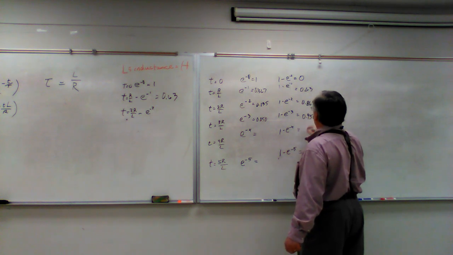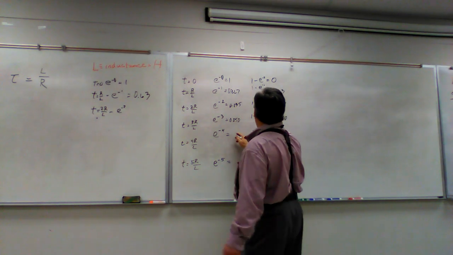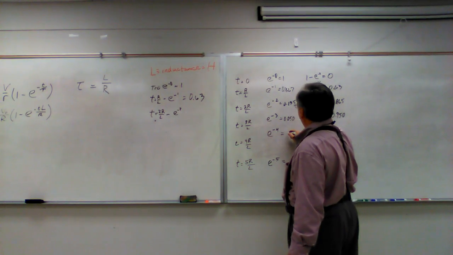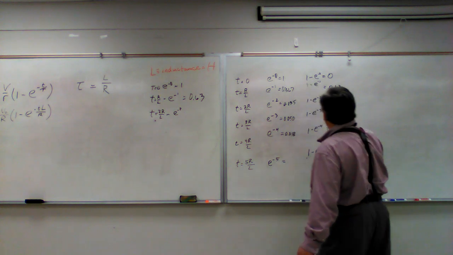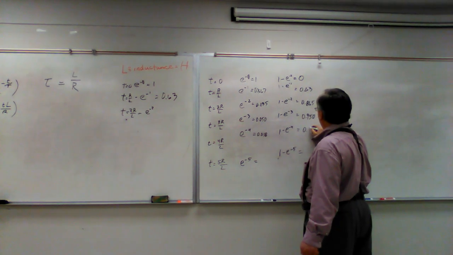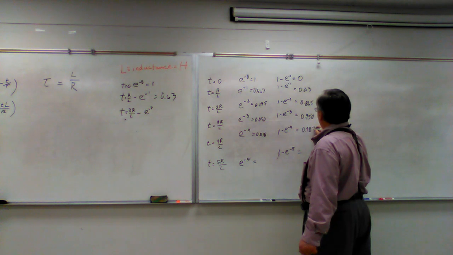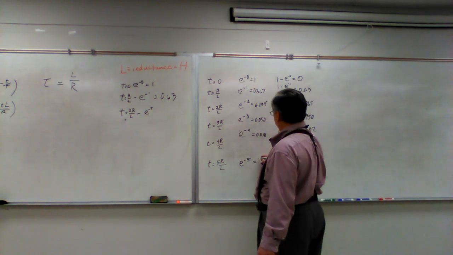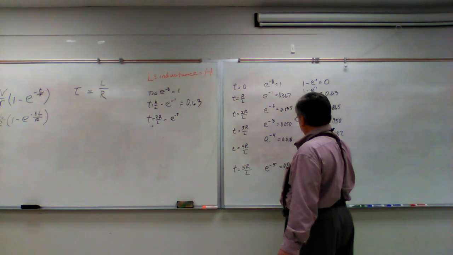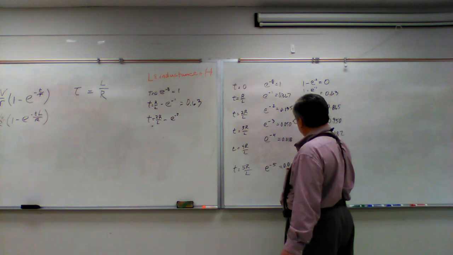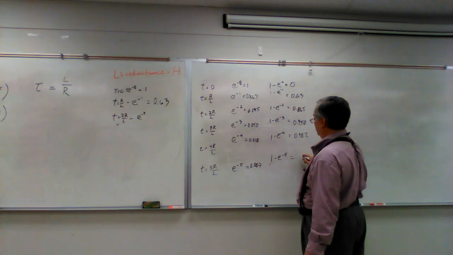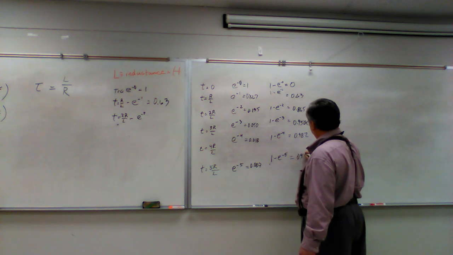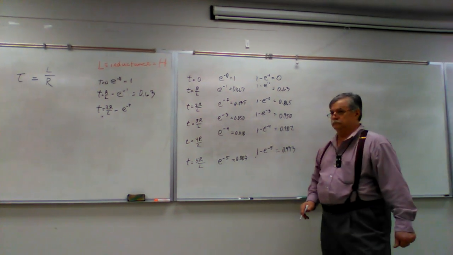Oh, look at me doing arithmetic in my head. All right, e to the minus 4, 1 minus. Okay, and e to the minus 5, and 1 minus that is 0.993. All right.